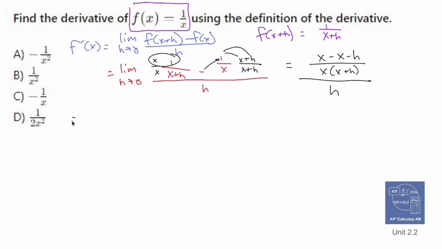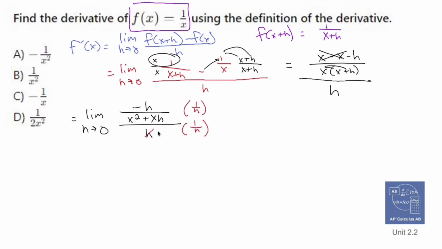So I'm still dealing with the limit as h approaches 0 of, you two cancel out, negative h over, let's distribute that out, x squared plus xh all over h. Again, h on the bottom is an issue. So why don't I multiply the top and the bottom by its reciprocal, 1 over h, 1 over h. That way the h and the 1 over h on the bottom cancel out. And lo and behold, looky what happens.